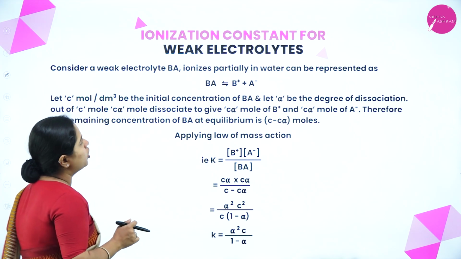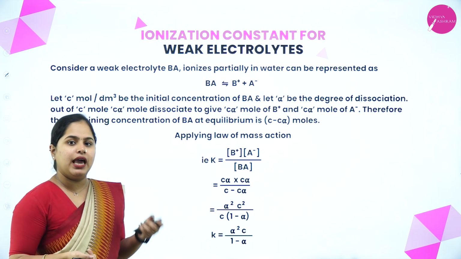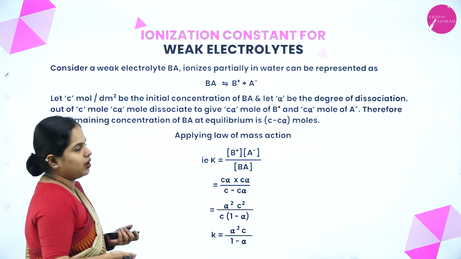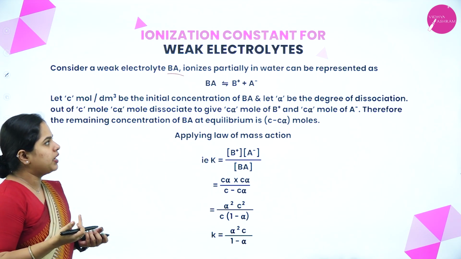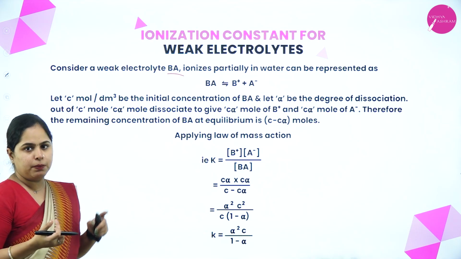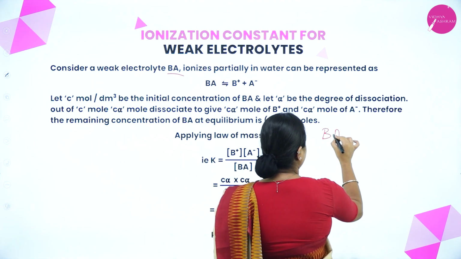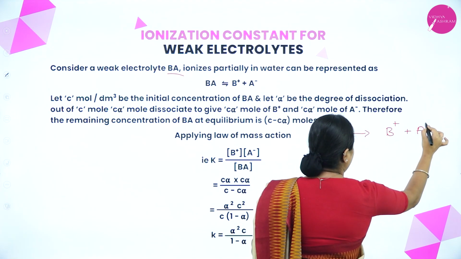Okay. Now moving on to the next one, that is ionization constant for weak electrolytes. Okay, so let's see, we are going to consider a weak electrolyte, which is BA, and it ionizes partially in water and can be represented as BA gives B plus and A minus. Okay, so this is your weak electrolyte, which will dissociate into B plus and A minus.